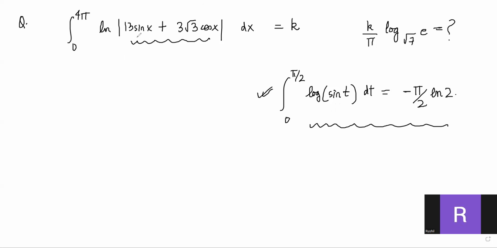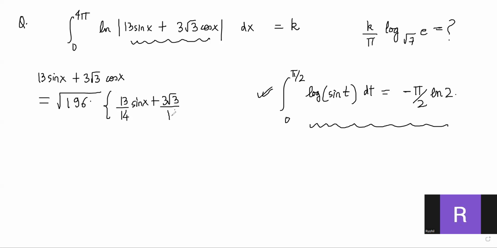Right. So 13 sin x plus 3 root 3 cos x can be written as basically root over 169 plus 27, which is 196. And basically it becomes 13 by 14 sin x plus 3 root 3 by 14 cos x.